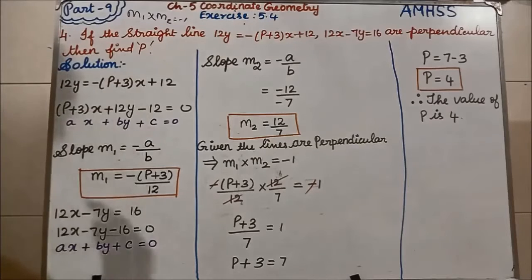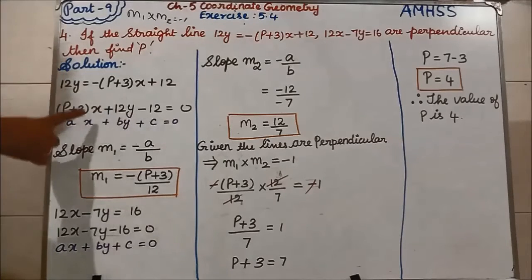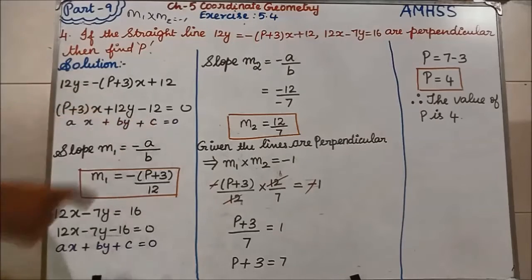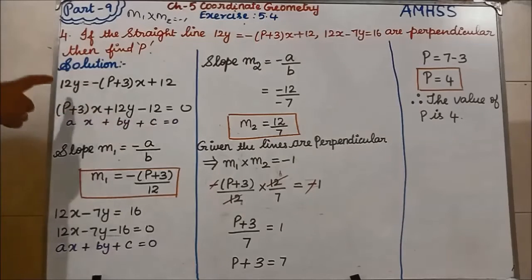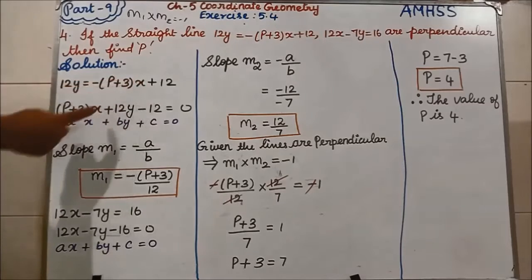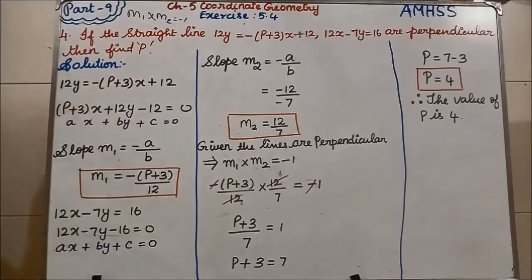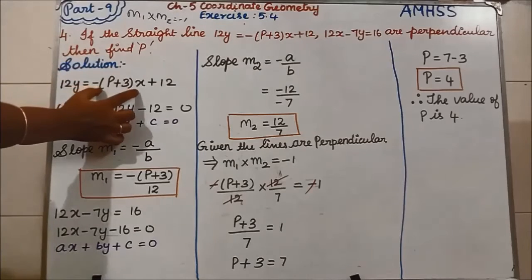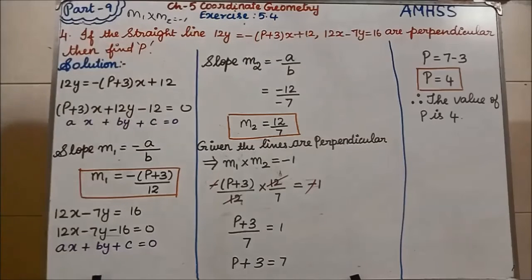See, this is our first equation. The straight line equation should be in what form? Ax + by + c = 0. That format we need. So the x term first, then the y term, then the constant term. The given first equation I am going to change into this form. I need the x term first, so I am taking this term to the left hand side. Minus will become positive: (p + 3)x. Next the y term we need.